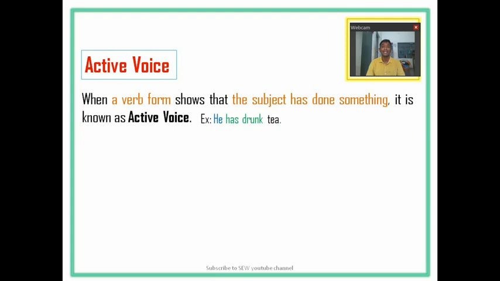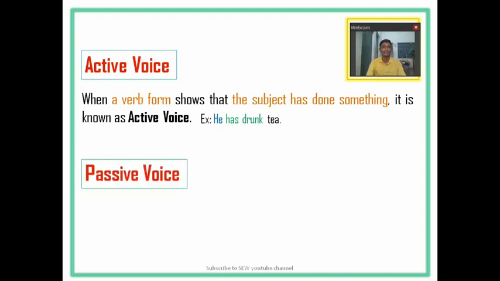Example, he has drunk tea. Look at who has drunk tea here? He. So he is the doer of the action, and has drunk is the verb, the action word, and tea is the object. So it is the receiver of the action. So the sentence started with the subject, the doer of the action. So it is in active voice.